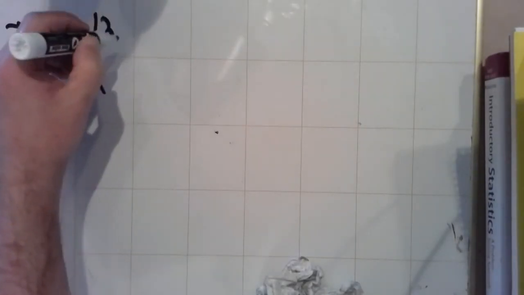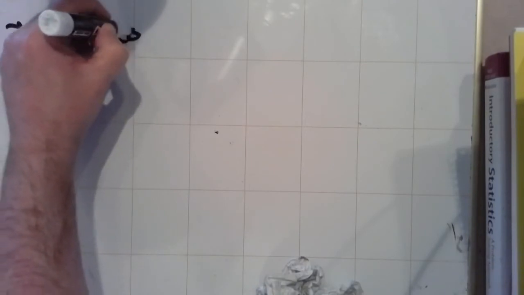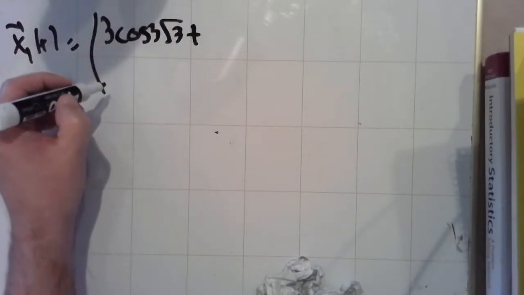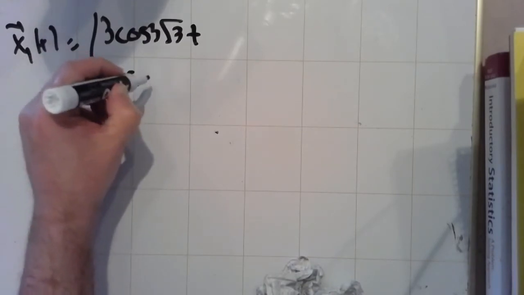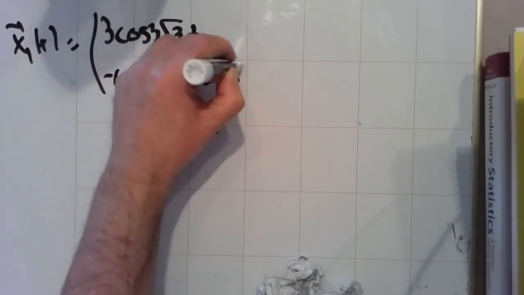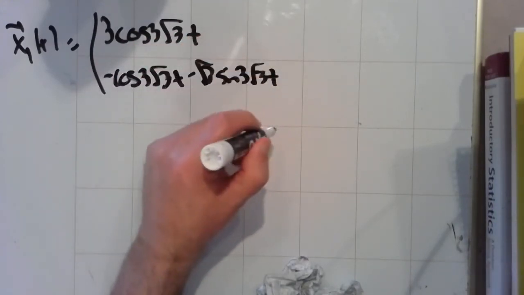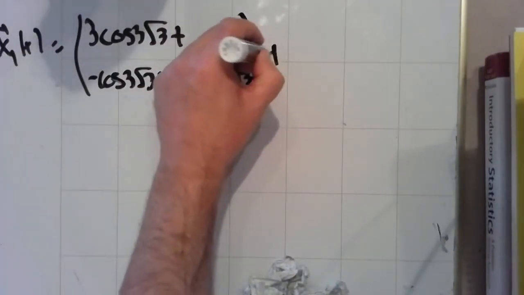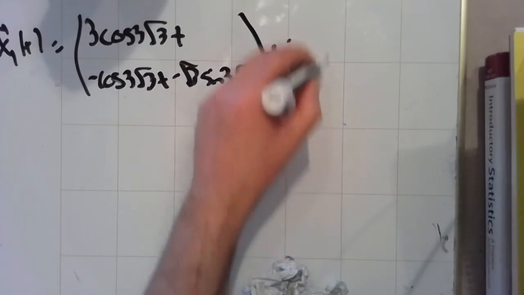So I'm going to rewrite this as x1 of t equals, here was all the real stuff. Up on top we had the 3 cosine 3 root 3t. On the bottom I had negative cosine 3 root 3t minus a root 3 sine 3 root 3t. And then all the stuff that had an i in it, I'm going to bring that i out.